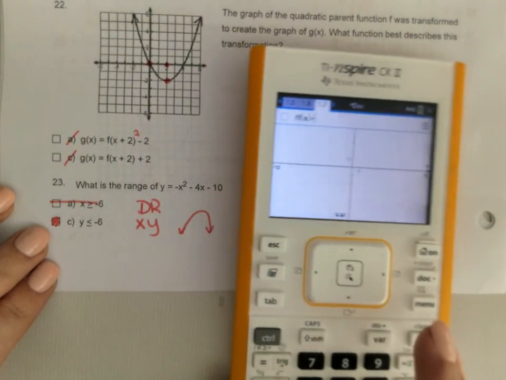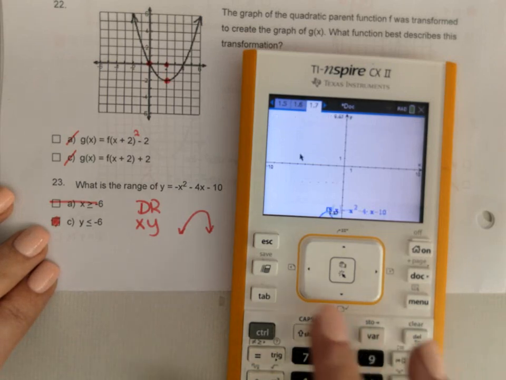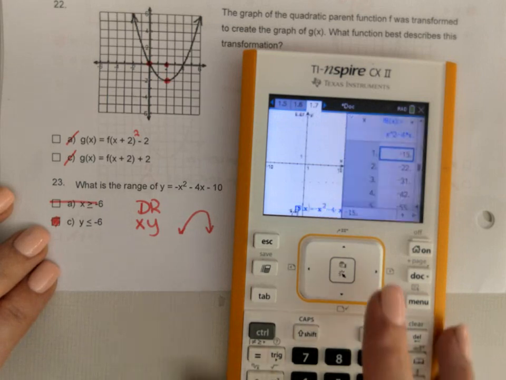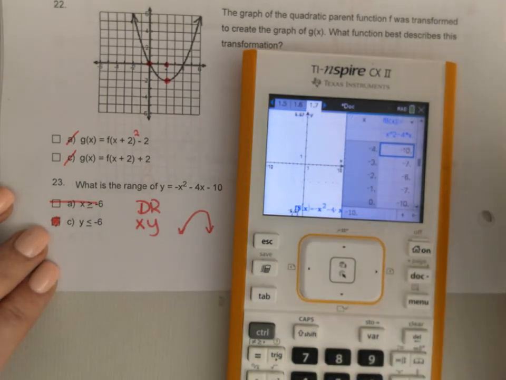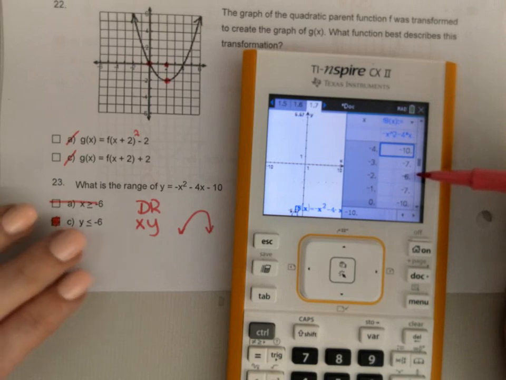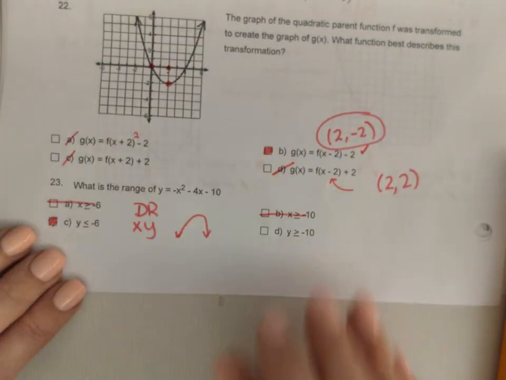Menu 3, 1. Negative x squared minus 4x minus 10. Control T. And let's see. There's your vertex, and all of your y values are less than or equal to -6.